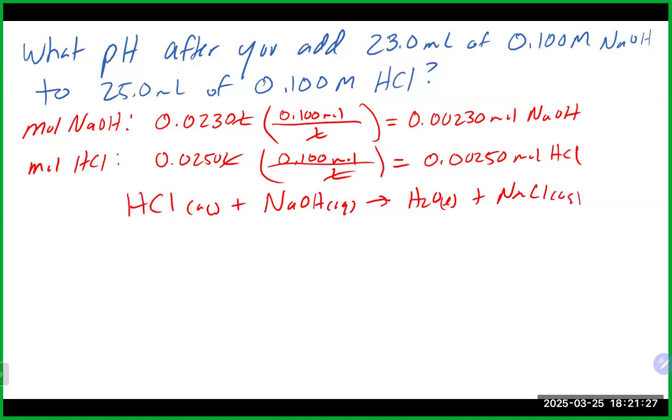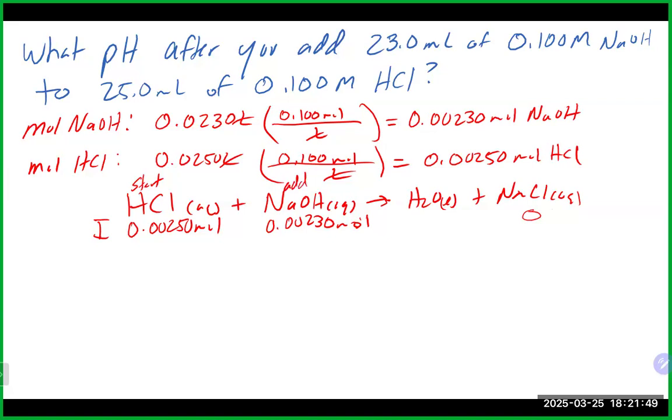So initially here, we have 0.0025 moles of HCl. For our sodium hydroxide, 0.0023 moles, and 0 of the products. This is what we're starting with, and this is what we're adding.